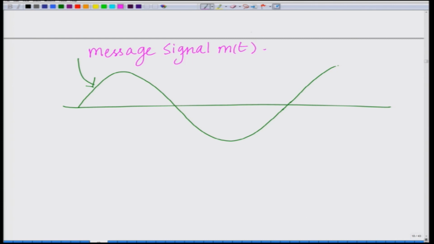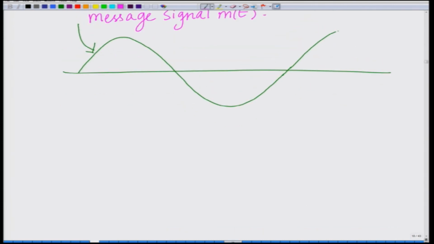And now let us say we have a carrier which is modulated by this message signal m(t).